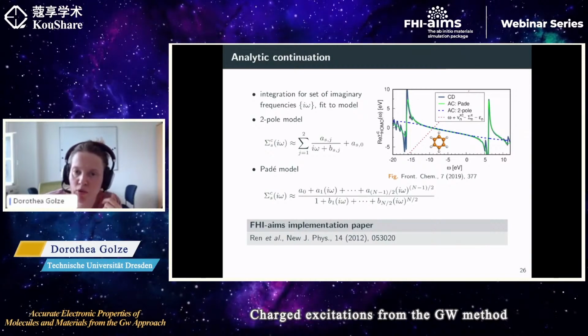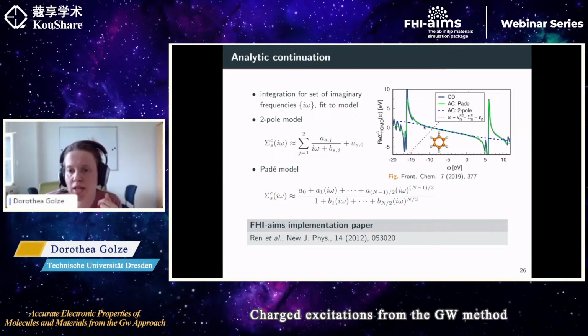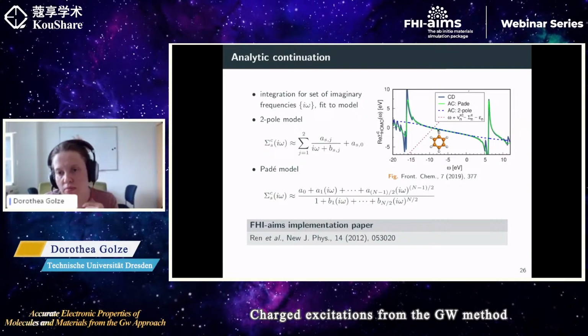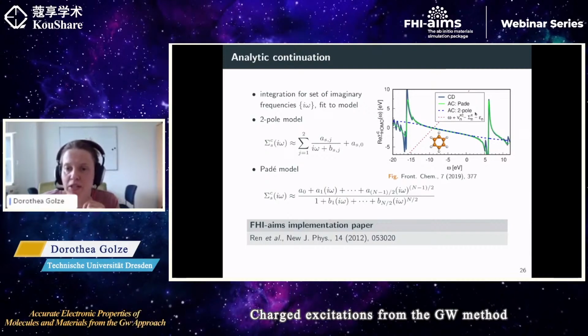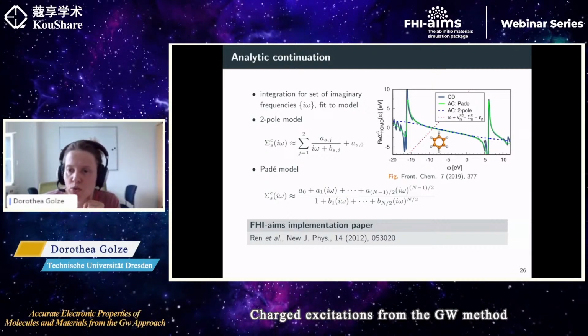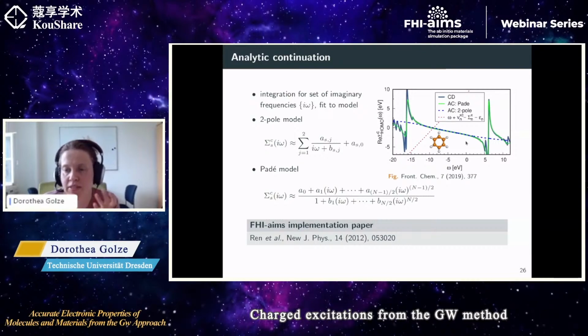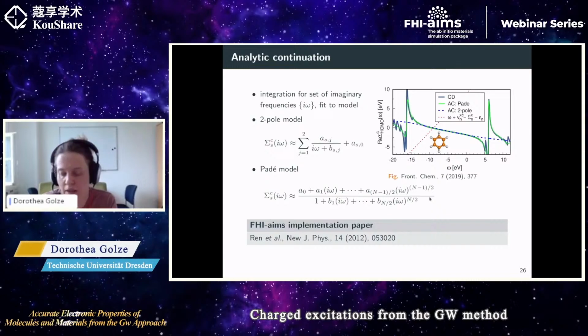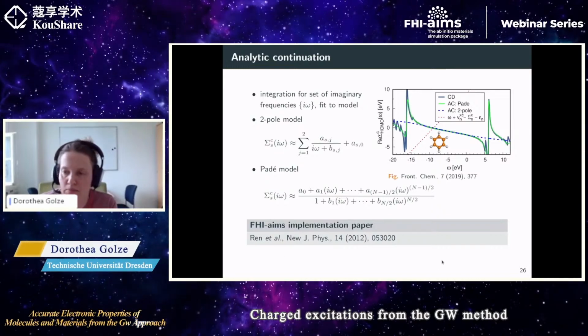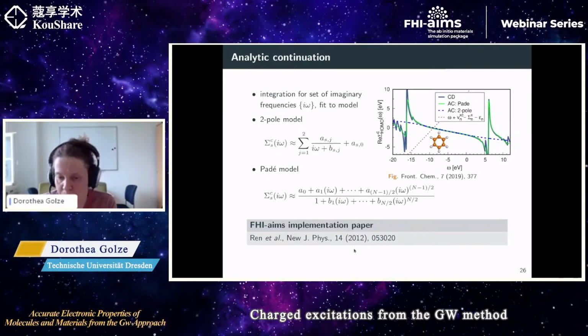You see it captures some of the pole features, and averages nicely to the straighter part of the self-energy. It doesn't capture everything. But the two-pole model, you see it fails to capture these poles also here, but it manages, at least in this case, to somehow average to the self-energy structure. And for more details, please read this paper.